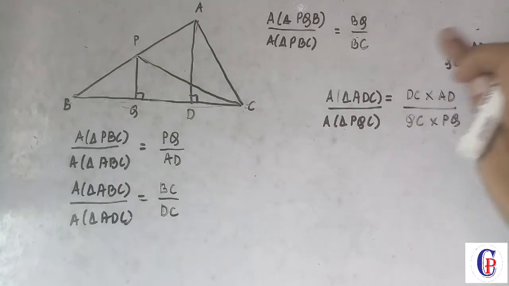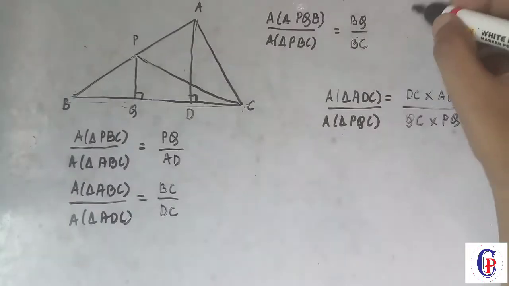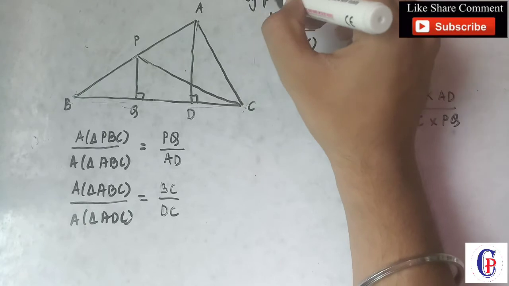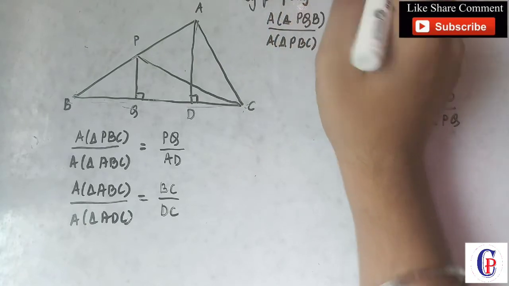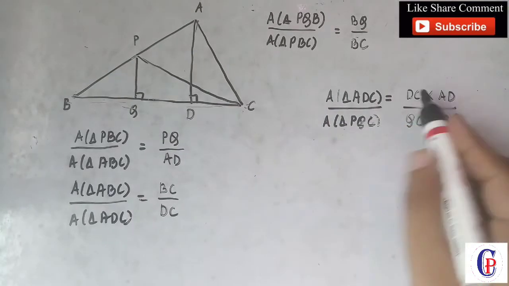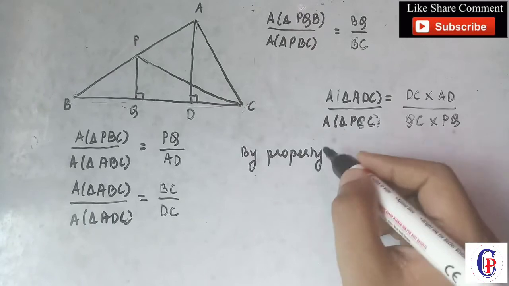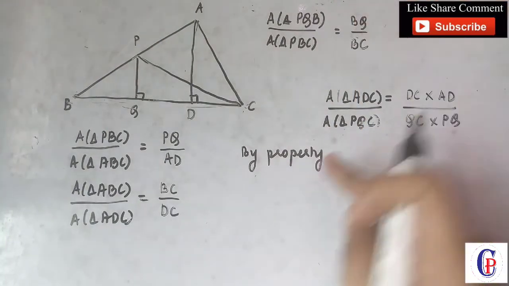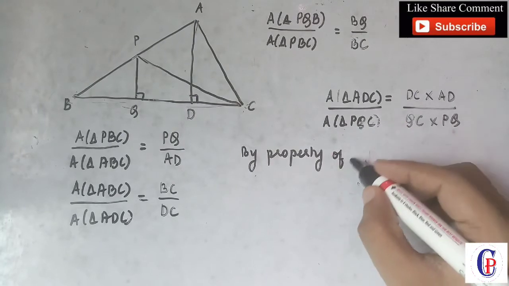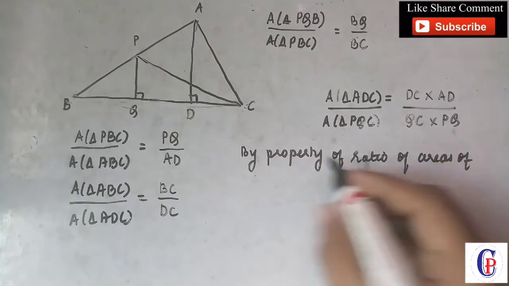Now one thing that I have missed here is I did not write the reason. So you have to write here, by property of. Okay, let me write here. Whenever you write this, you have to write by property of. Now there is no space above this, so I am writing it here. By property of ratio of areas of two triangles.